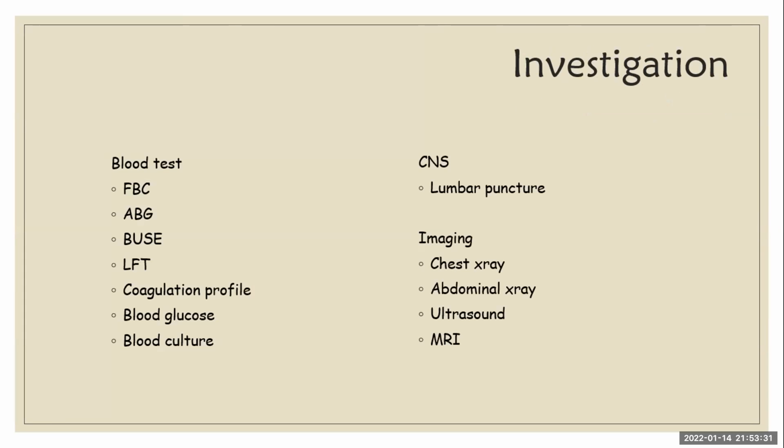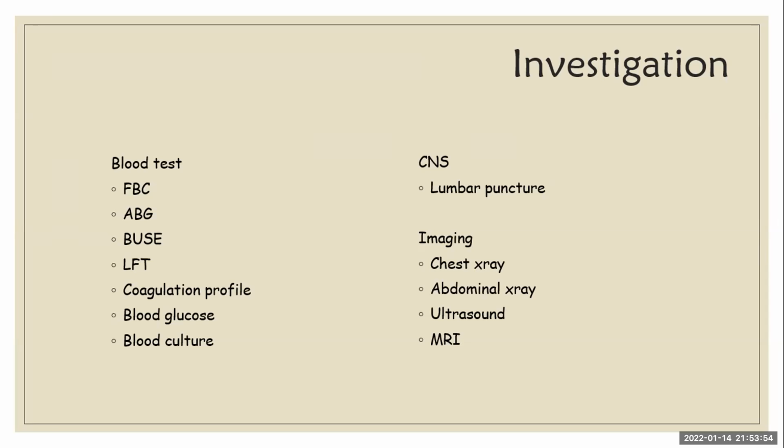And for investigation, if the infant is premature, we need to do a thorough investigation in order to measure the function of all the organs, whether they are functioning perfectly or not.